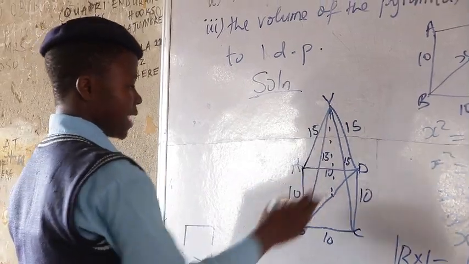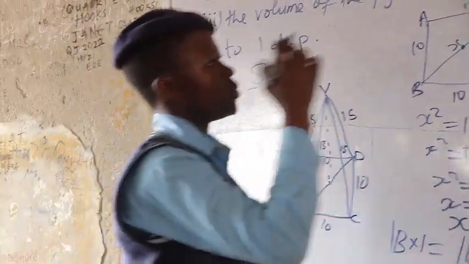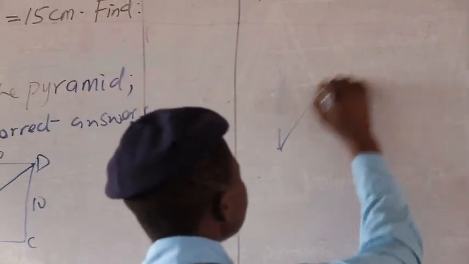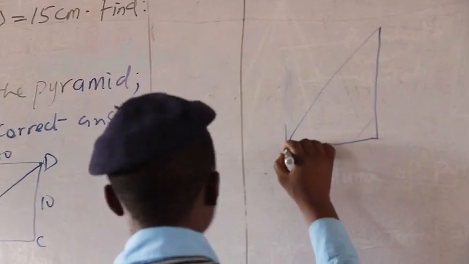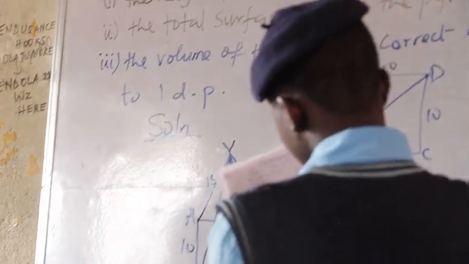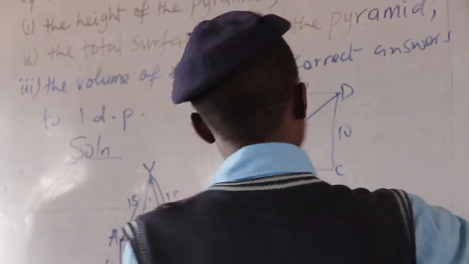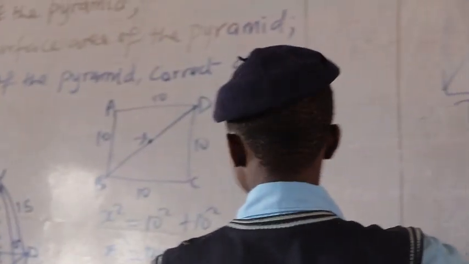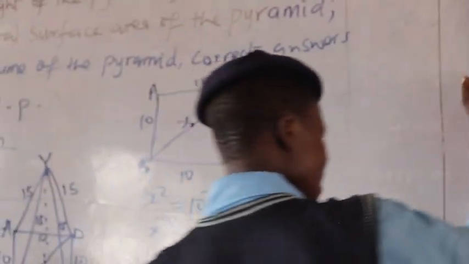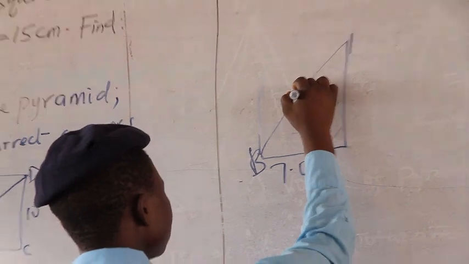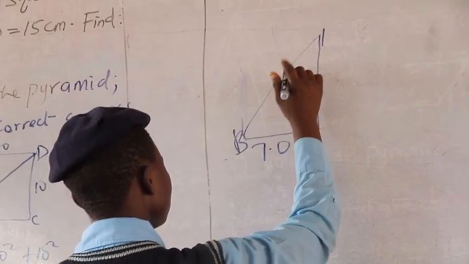So we want to find this height line, so we bring down this. So this half of this is our 7.07. Which letter is this? B. Which point is this? Your X. X is given as 15.